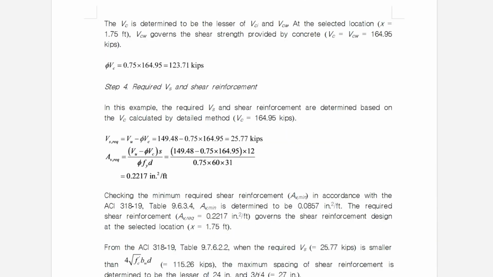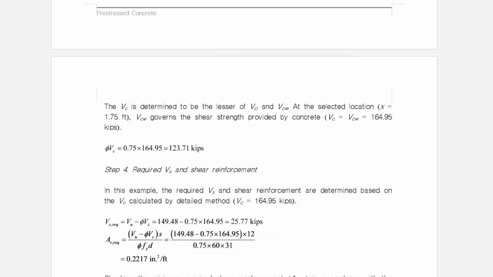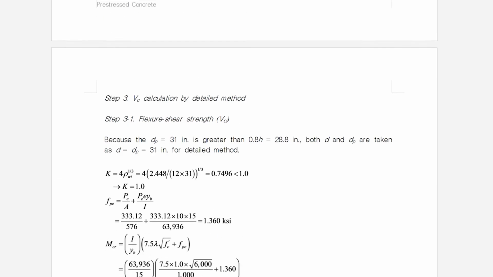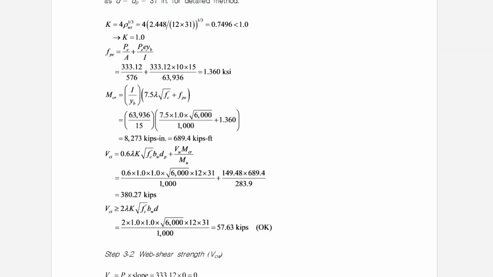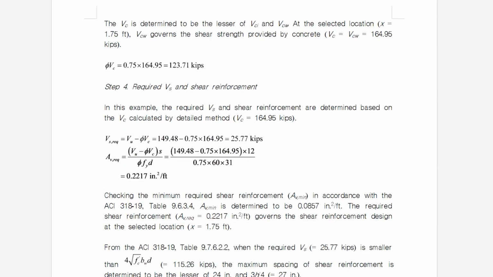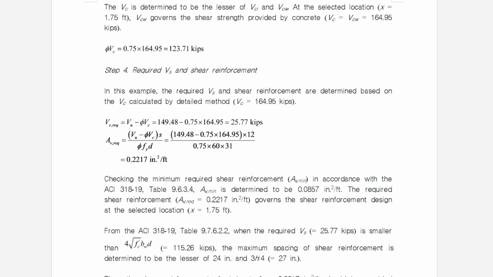So the web-shear strength will be the detailed method Vc, and with the strength reduction factor it is 123.71. In comparison with the approximate method, it's a little larger. So the approximate method is typically more conservative, and 123.71 is not too different actually.